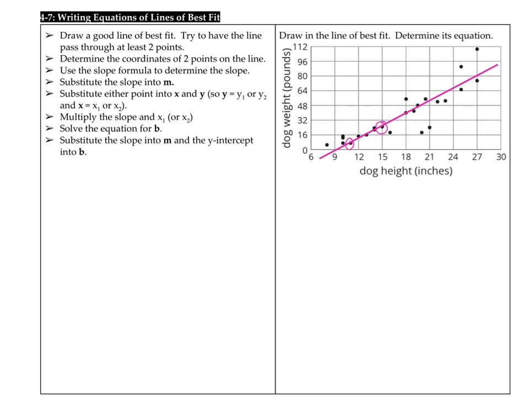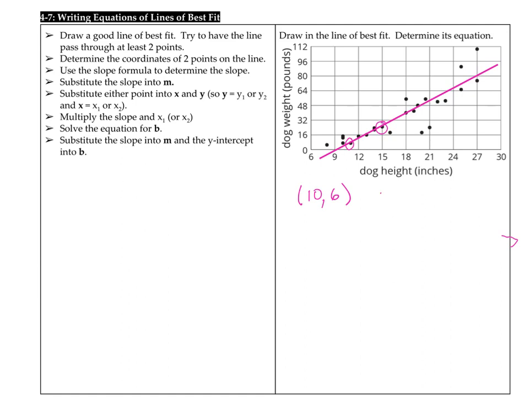Now, to be able to figure out the slope, what you want to do is know the points. Now, quite often you'll be given the data table and you'll be able to figure out what those points are exactly. Otherwise, you might have to estimate. So I'm going to estimate that the first point is at approximately 10 for the height and maybe approximately 6 for the weight in pounds.